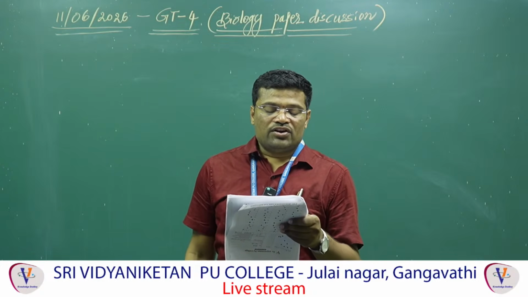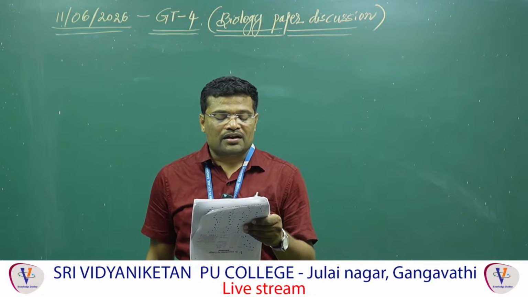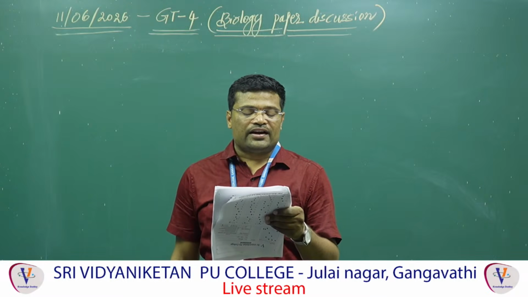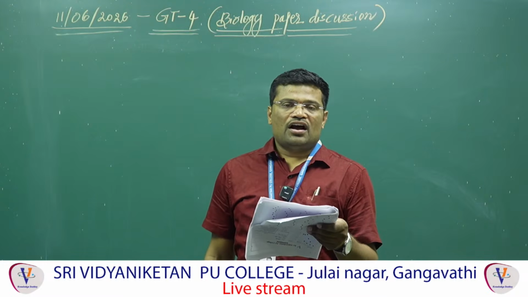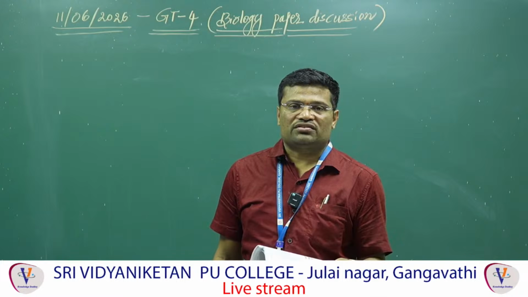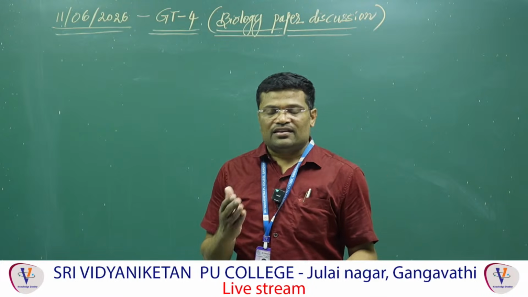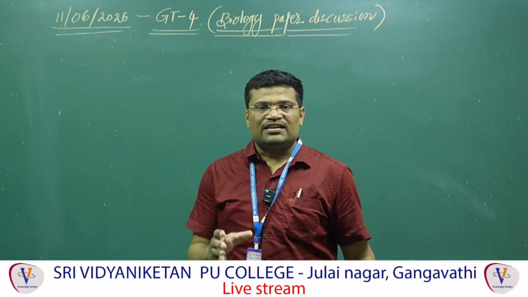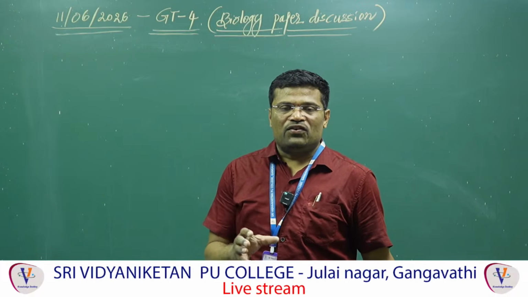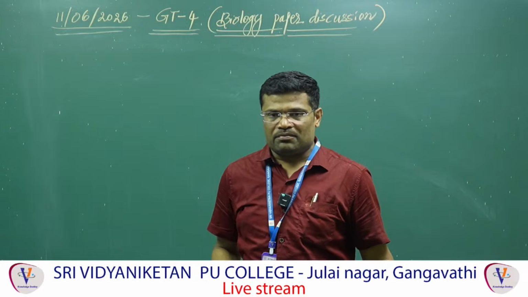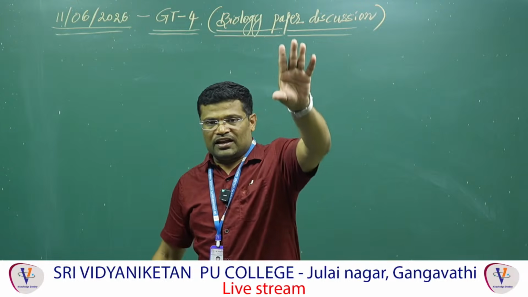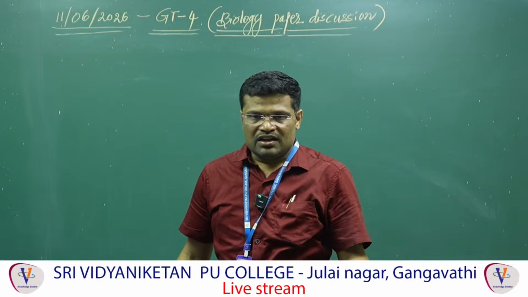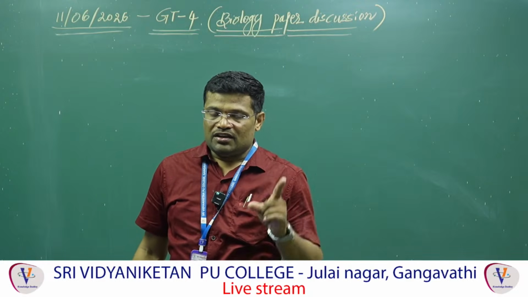Question number 100. Which of the following is written after the scientific name and is often abbreviated? Obviously, author citation. After the species name, we should write the scientist's name either in full or in abbreviated form. Basically, first we write genus, next species.